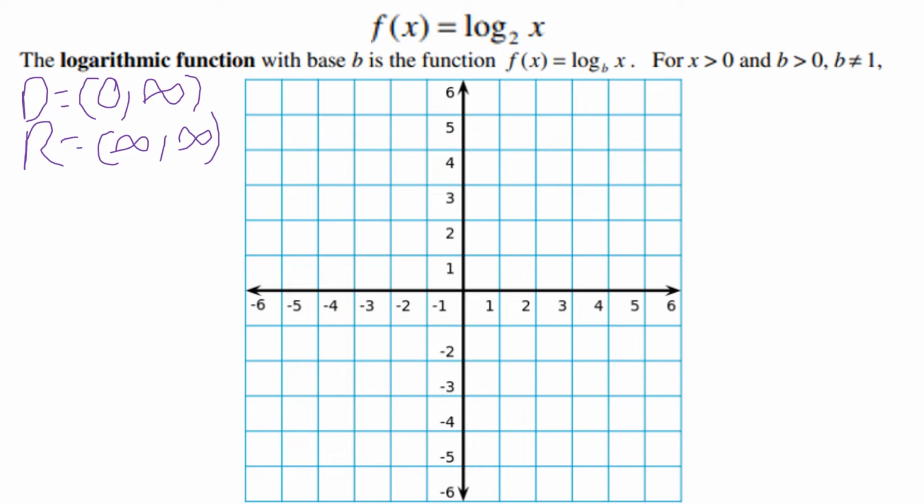Now, instead of it having a y-intercept, which is for exponential, you're going to have an x-intercept of (1, 0), or when x equals 1. Instead of you having a horizontal asymptote, you're going to have a vertical asymptote. The vertical asymptote is going to be 0.